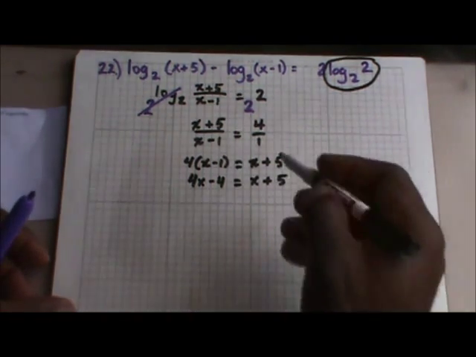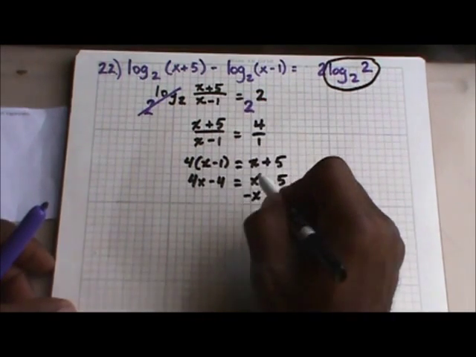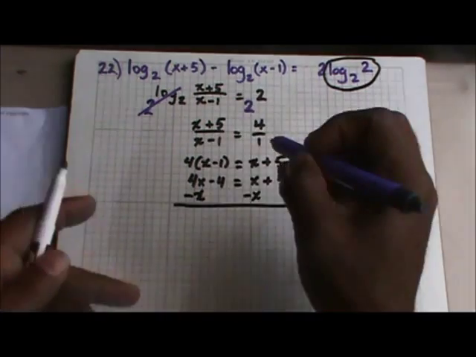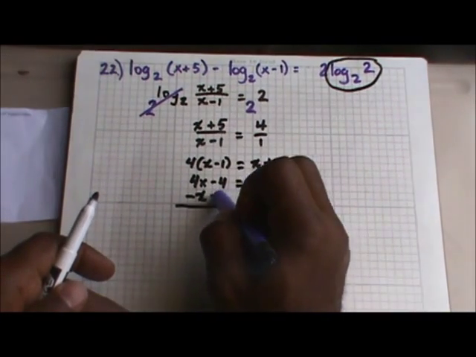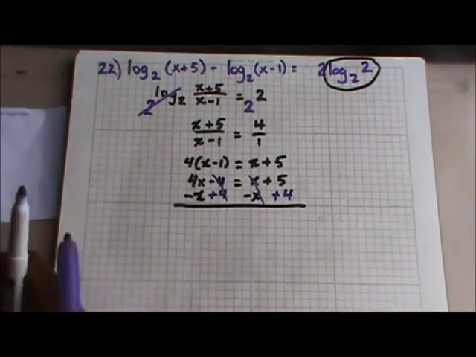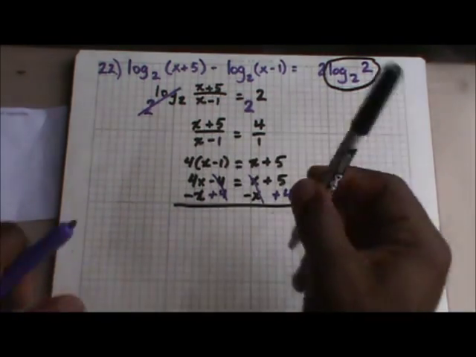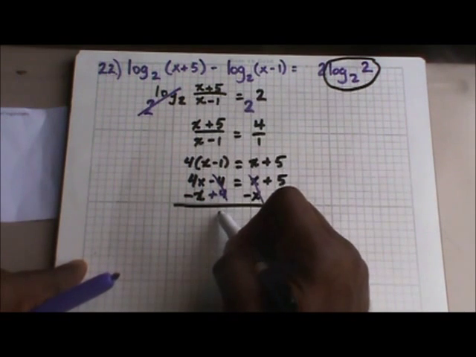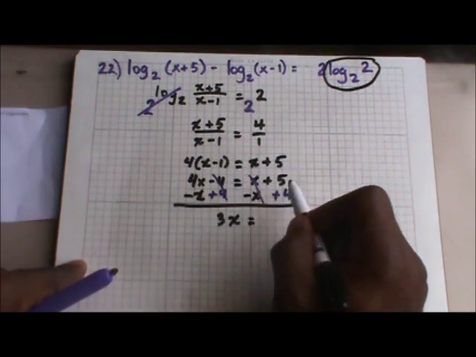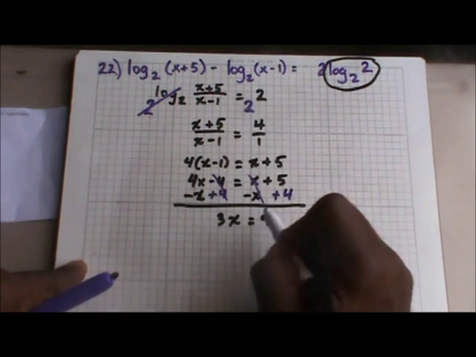From here, we're just rolling right along. Subtract x from both sides, and at the same time, you can add 4 to both sides. We can do that in one step instead of 2. 4x minus x is equal to 3x. 5 plus 4 is 9.